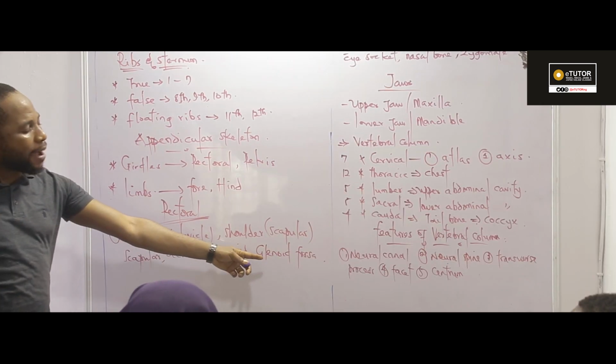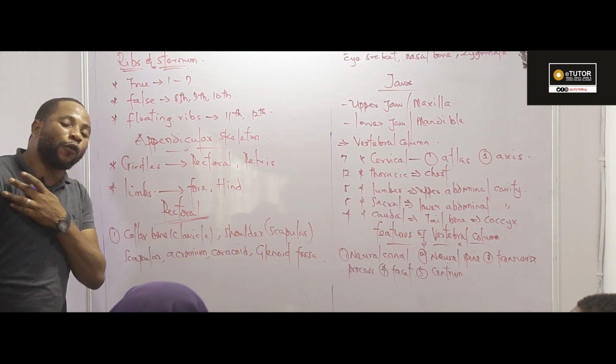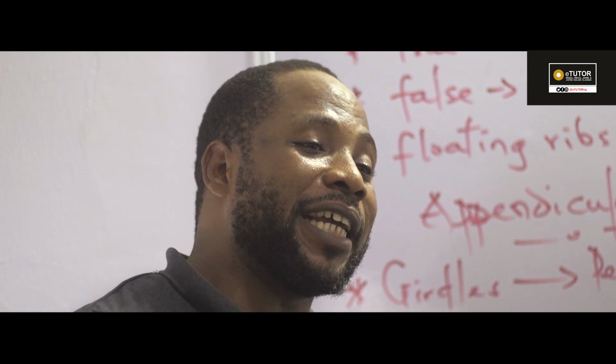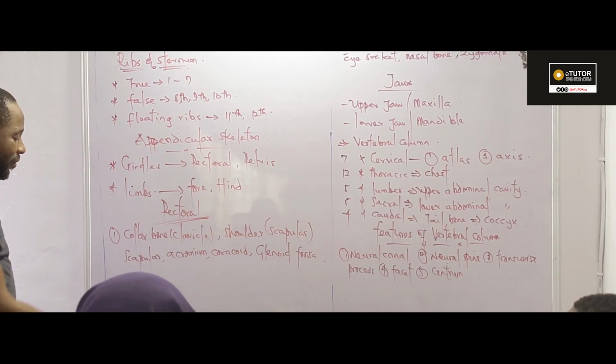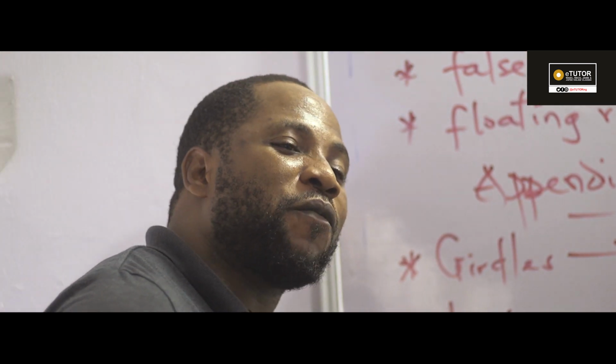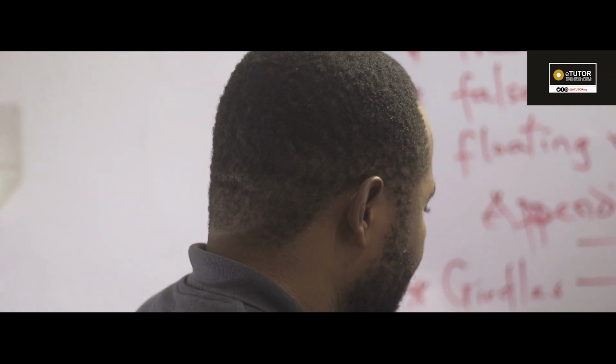This glenoid fossa provides attachment for the head of the humerus to form a ball and socket joint, the joint that allows movement in all directions. The scapula, acromion, and coracoid provide surface for the attachment of muscles.